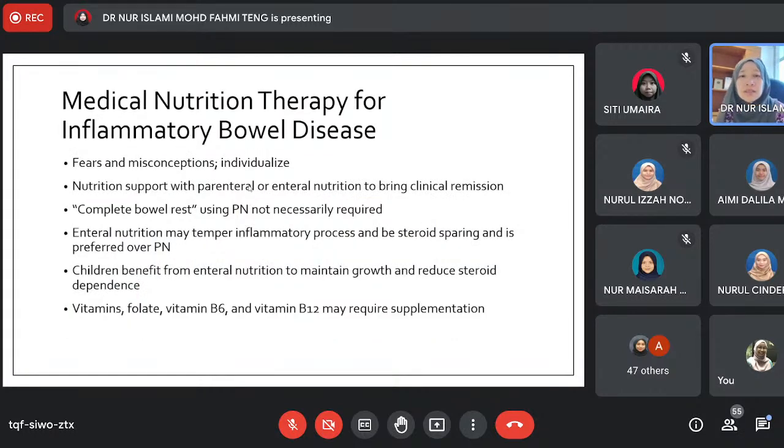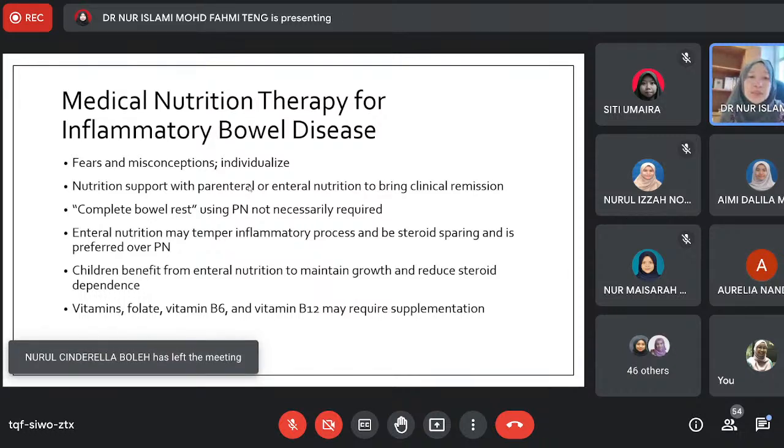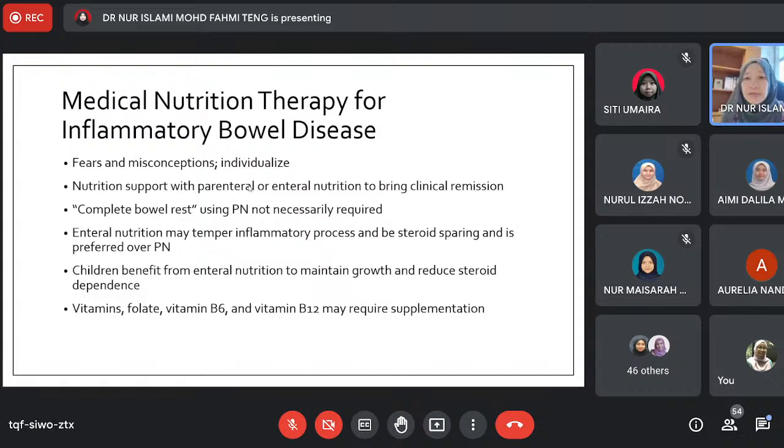So what is the medical nutrition therapy? It is individualized nutrition therapy. Nutrition support with enteral nutrition is preferred over the parenteral. We need to assess their energy needs and their stress factor.